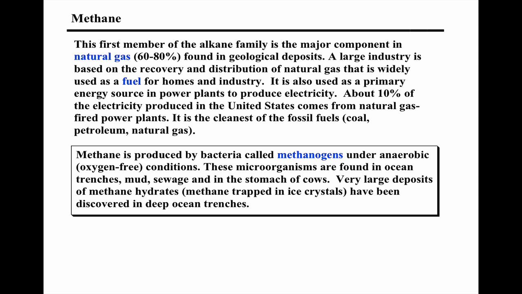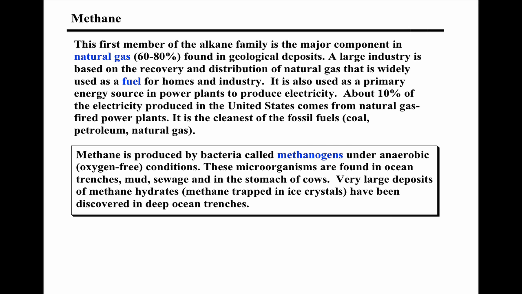There are huge deposits of methane that have been trapped deep in the ocean as hydrates. If you've ever seen them, you can look on YouTube, they've got pictures of these things. They're beautiful crystals, and it looks like little ice forests down in the ocean. But this methane has been trapped in these ice crystals, and they're called hydrates.